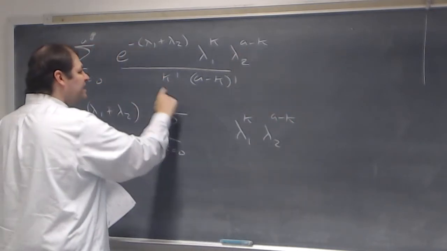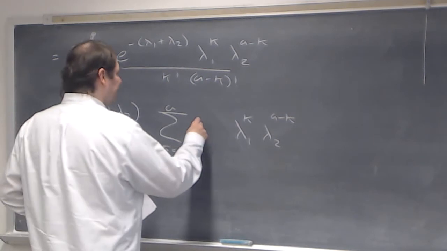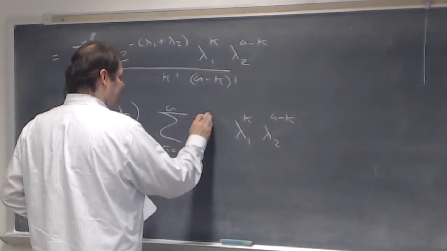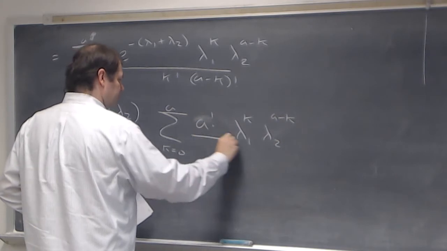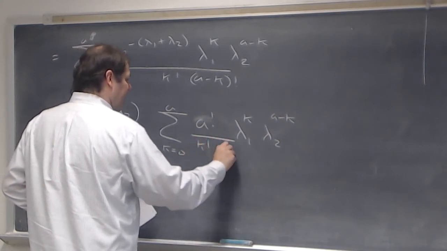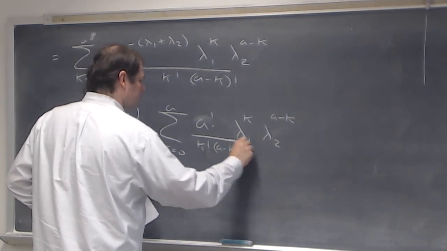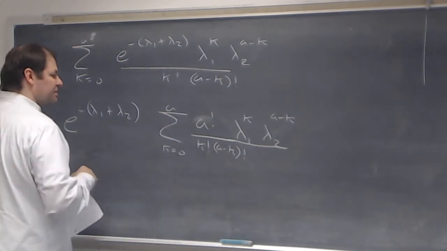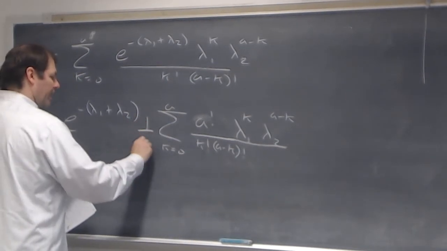And here, this part looks like the denominator of a choose k. What it really could be thought of as is a choose k if we had an a factorial on top. So I'm going to put an a factorial, and then I'm going to have k factorial times a minus k factorial still existing in the bottom. But I can't just insert that a factorial without compensating, so I need a 1 over a factorial.